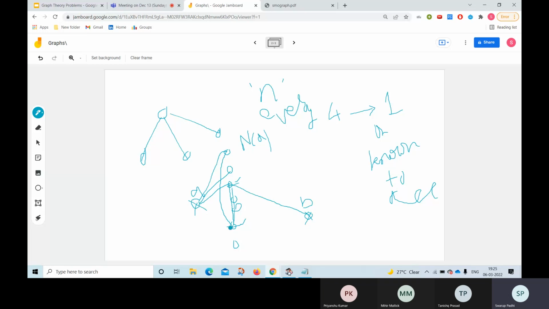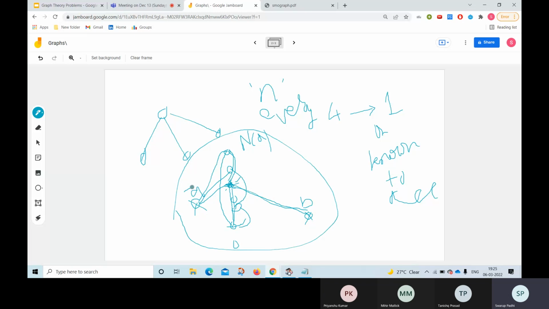So since we are able to get this, we can prove that, suppose I consider this vertex and its pairs with other vertices in the neighborhood of A. So this vertex is connected to A, this vertex is also connected to B, and this vertex is also connected to all the other vertices in the neighborhood of A. So that means this vertex is connected to all the vertices in this graph. Therefore, we are getting a contradiction.